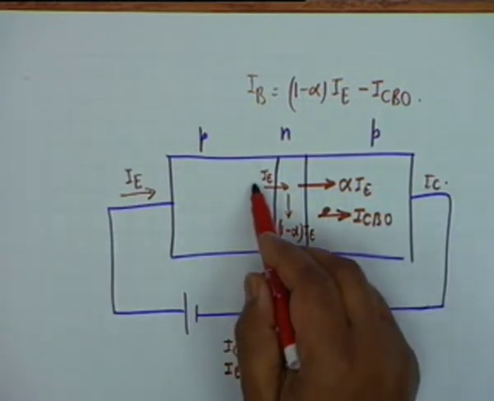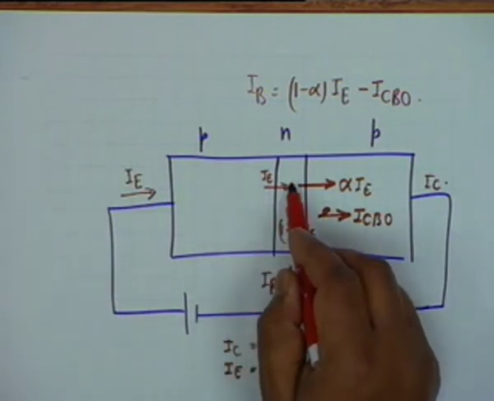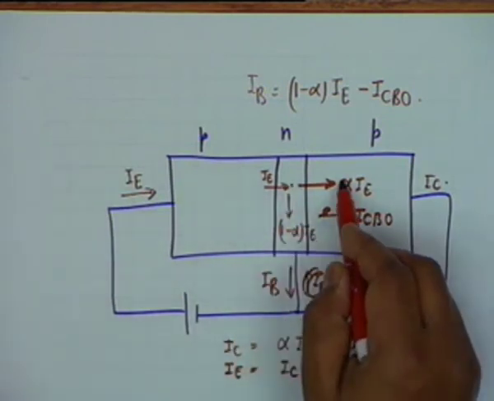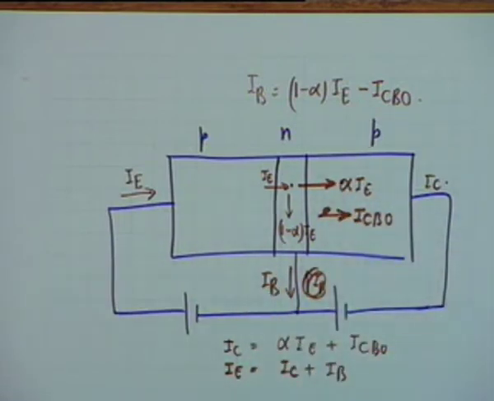Well, these are minority carriers here. I'm sorry, these are majority carriers here, minority here, then they become majority carriers here. In a forward bias junction, it is the majority carriers which take over. In a reverse bias junction, it is the minority carriers which take over. And therefore, we ignore the minority carrier current.